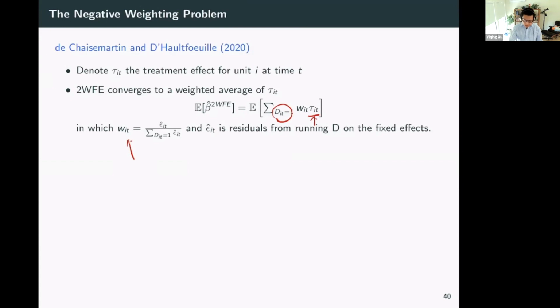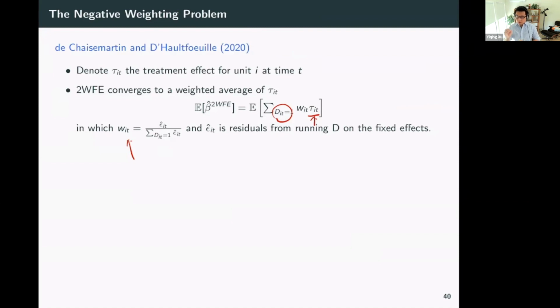And this weight is the residual from regressing the treatment status as the outcome on fixed effects. Intuitively, the weight is higher when the residual is higher, and the residual is higher when there is the biggest variation. So it's the same thing, consistent with the previous result: for observations in that rectangular matrix that have the highest variance in treatment, you have the highest weights.